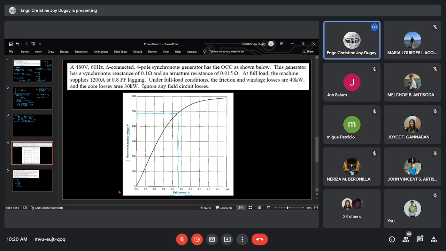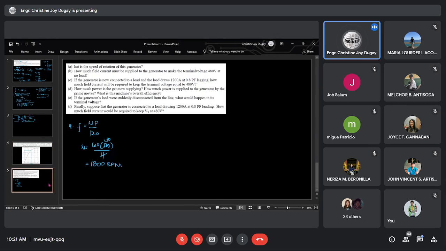So IF would probably be 4.7 ampere. How much field current must be supplied to make the terminal voltage 480 at no load? About 4.7 ampere.